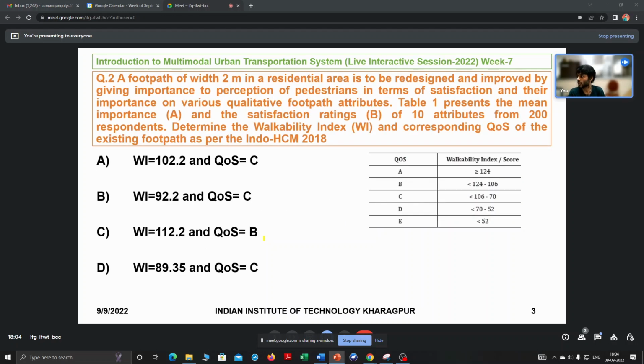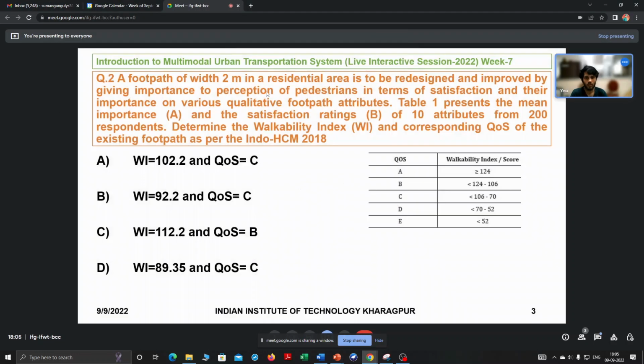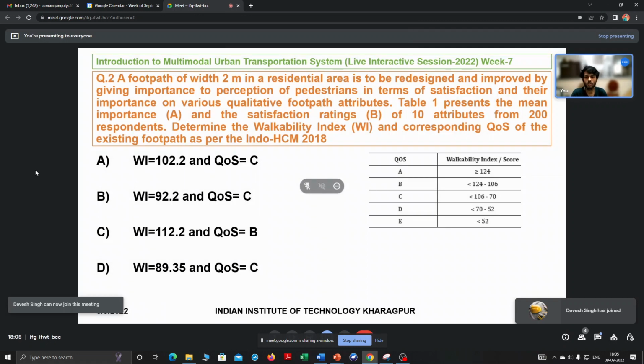Now the second is a numerical, but also a very straightforward one. There is a footpath of width 2 meters in a residential area, which is an existing footpath that you need to redesign, right? Now you have done a perception or questionnaire survey and you got importance and satisfaction ratings, right?